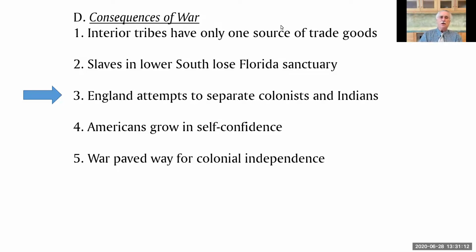Also during this war, an entire generation of political and military leaders was trained. They got their footing in this conflict. And of course, by removing the French and the Spanish threat from the eastern half of North America, colonists were very optimistic looking forward that they could expand.